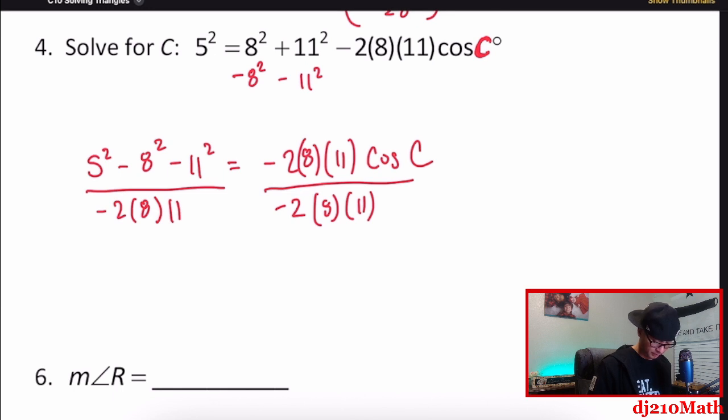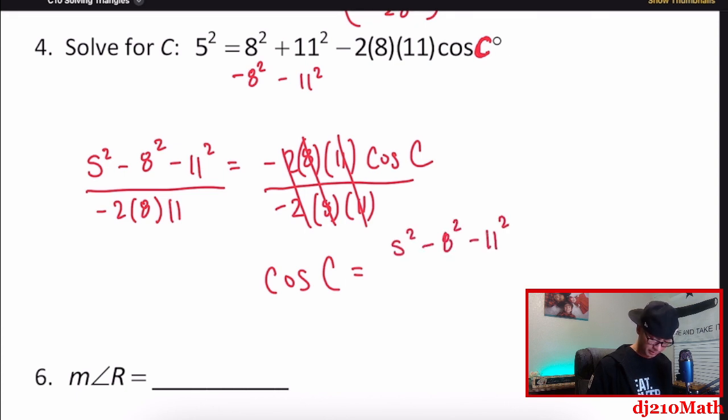So in the end, we're going to get cosine of C is equal to 5 squared minus 8 squared minus 11 squared divided by negative 2 times 8 times 11.